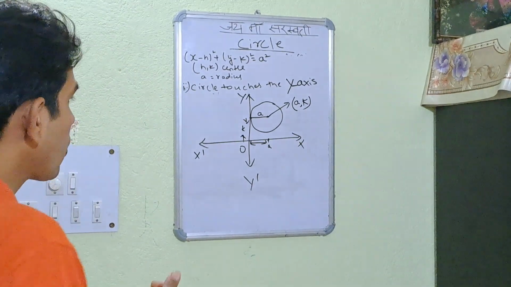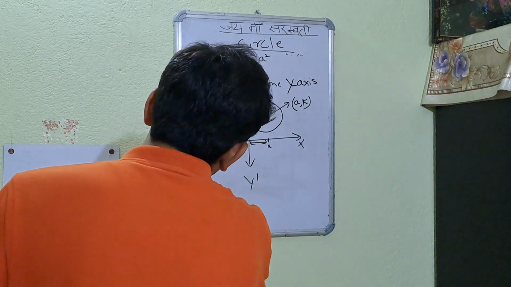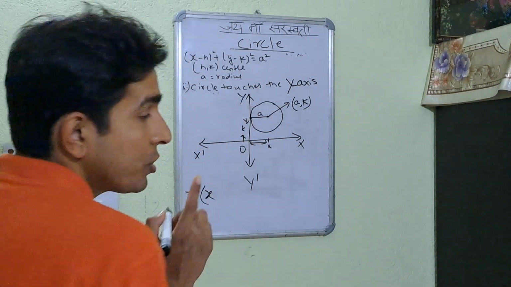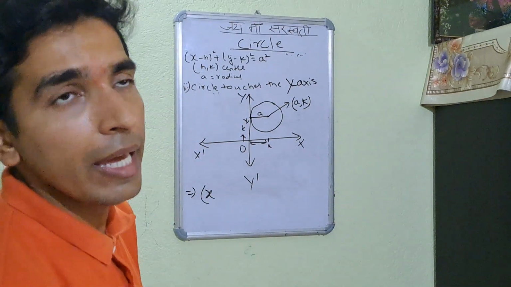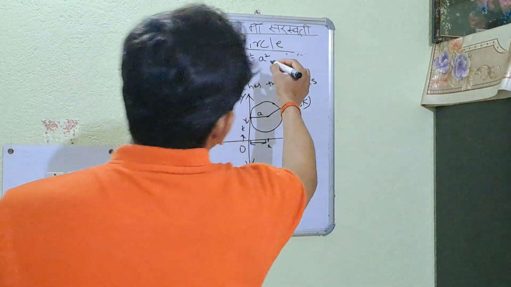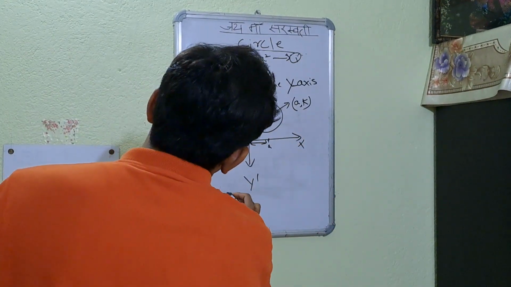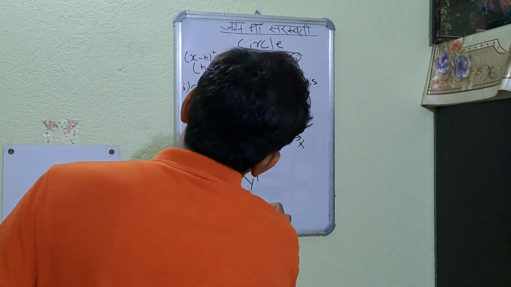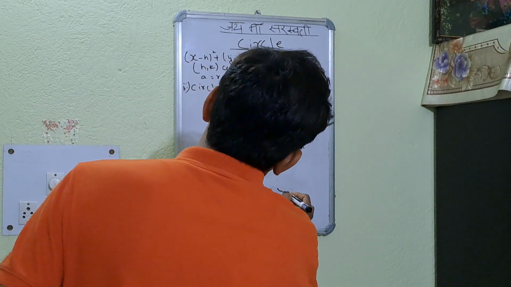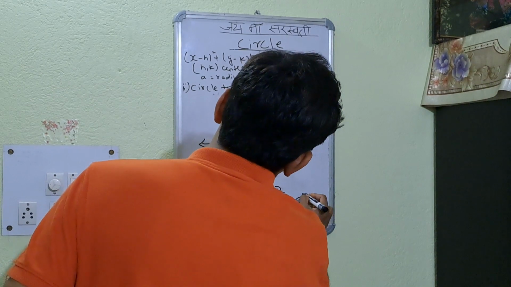Now we will be formulating the equation of the circle by substituting the values of A and K in the original equation, that is equation 1. So it will be (x − a)² + (y − k)² = a².